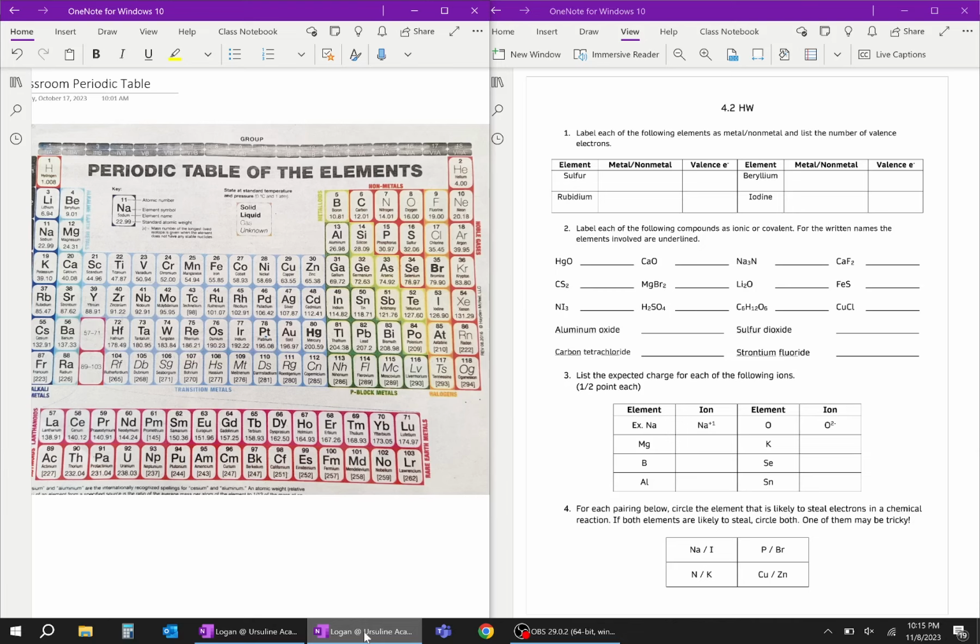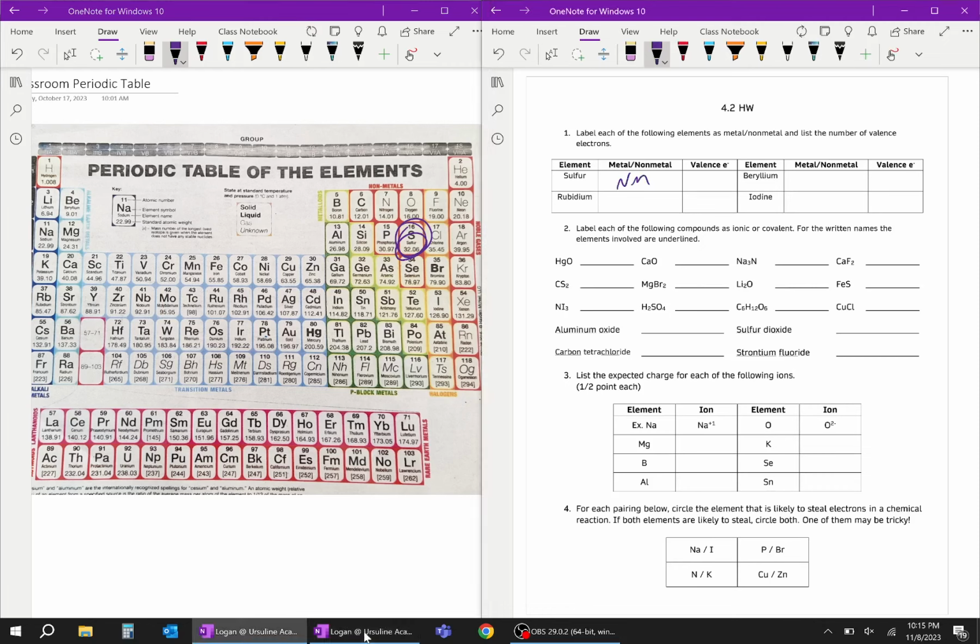So number 1, sulfur is a nonmetal because it's on the right side, and it has 1, 2, 3, 4, 5, 6 valence electrons. Rubidium is way over here. It is a metal, being on the left side of the zigzag line. It has 1 valence electron.